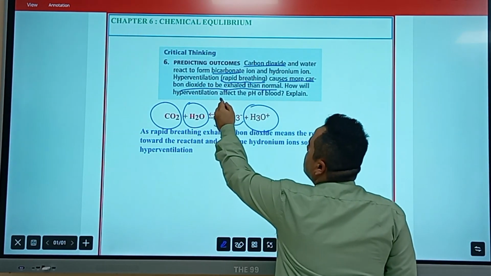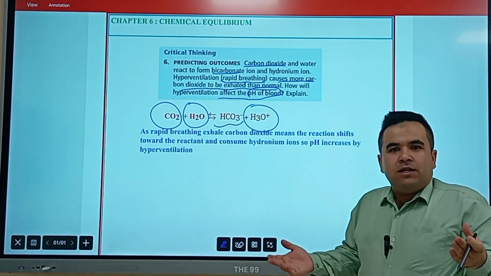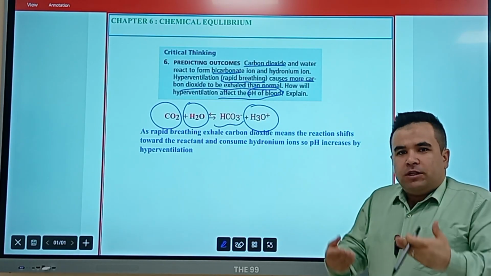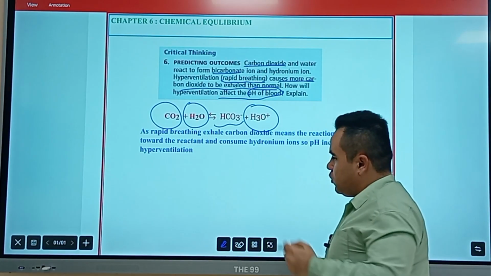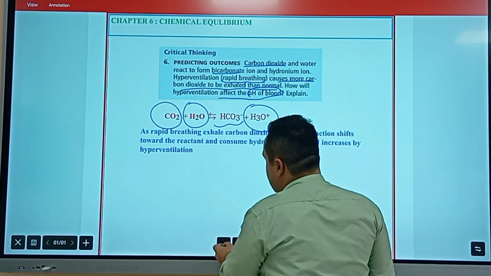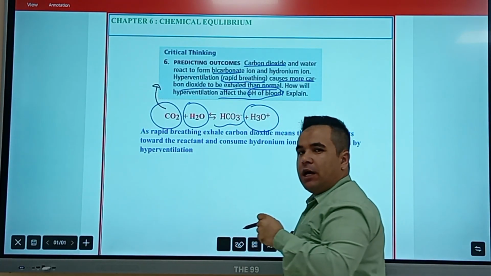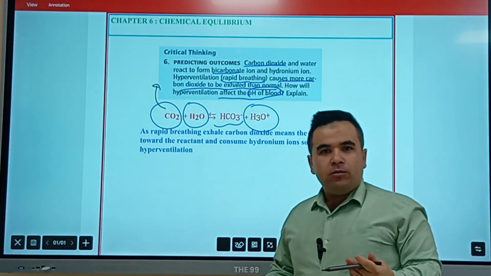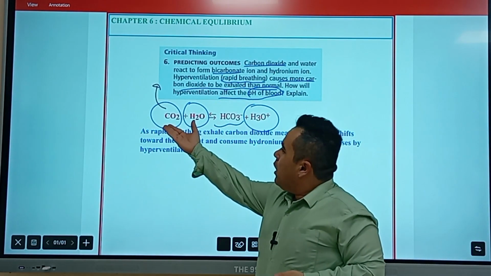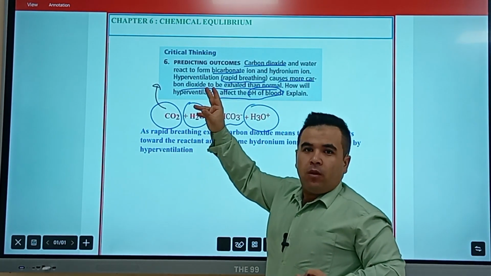How will hyperventilation affect the pH of blood? It's asking what will happen to the pH of the blood during hyperventilation, guys. The procedure is that when carbon dioxide is removed from the body, that means in the equation we remove the CO2 from the system.